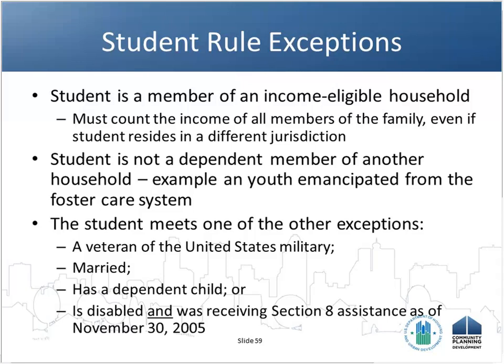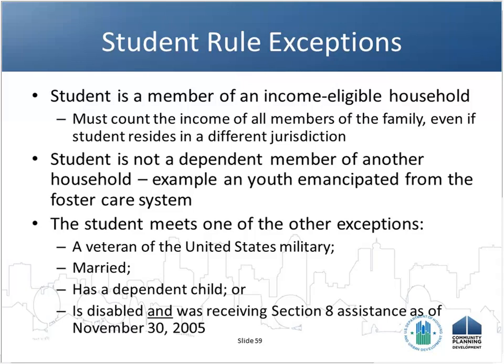In some cases, there is a student who is not a dependent member of another household, and the only example we've really been given is a youth who has been emancipated from the foster care system. They're not part of another household and simply living independently; they are legally emancipated and recognized as being on their own.